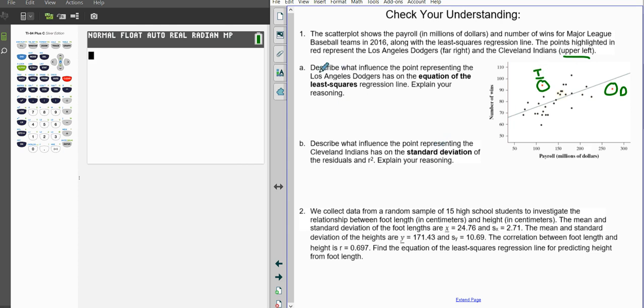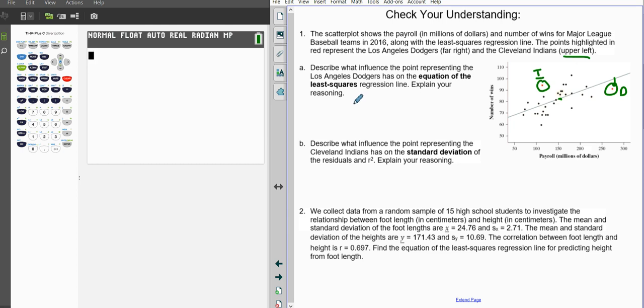Now, from these, describe the influence the point representing the Los Angeles Dodgers has on the equation of the least squares regression line. Explain your reasoning. So what is going to happen to this equation? Well, because this is far out and is below the pattern, wherever the mean of x and y is, that is the pivot point for the seesaw, and it's probably going to drive the slope down.